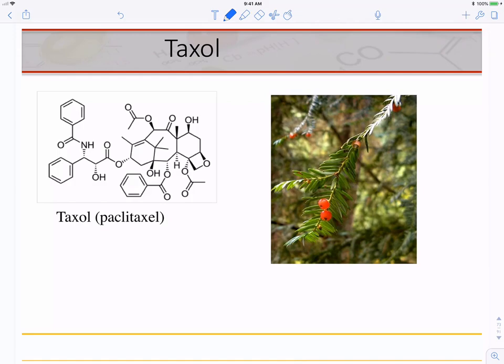Another very important class of agents that work on microtubule remodeling is Taxol. Taxol is one of the main treatments for breast cancer, and is also used to treat patients with lung and ovarian cancer.